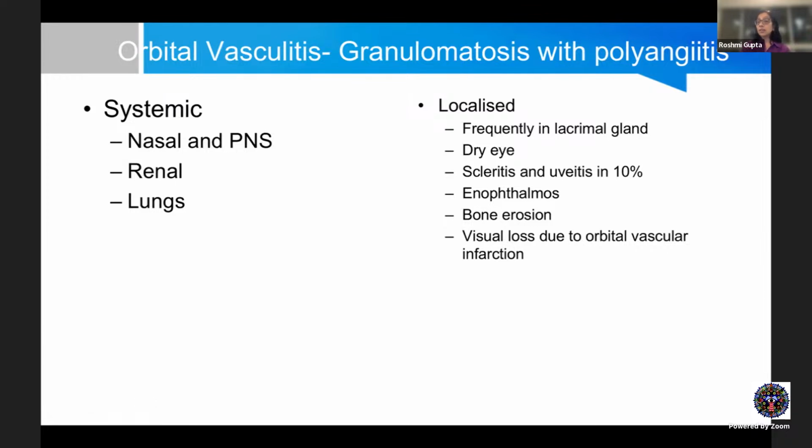Localized effect on the eyes would be frequently seen in the lacrimal gland, which might lead to dry eye. 10% of the patients will have scleritis or uveitis. And once again, this is one condition where scleritis is associated with orbital inflammation. There may be enophthalmos, there may be bone erosion, and there may be early visual loss due to orbital vascular infarction.